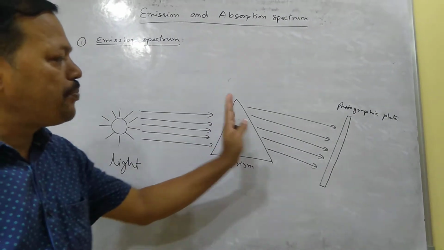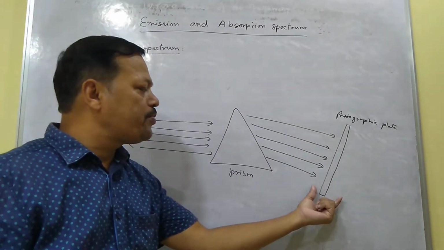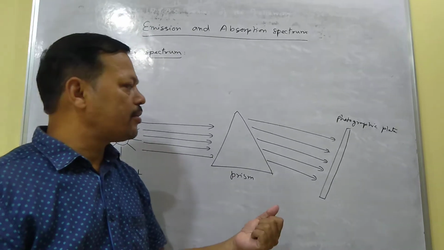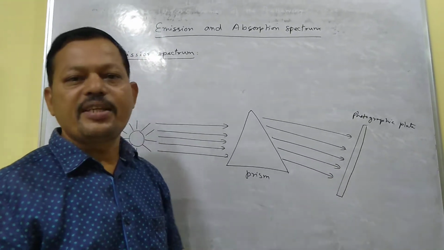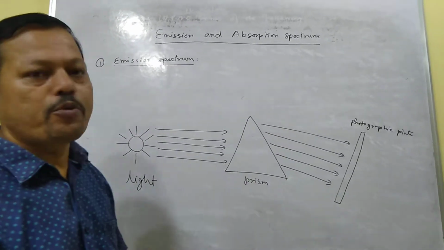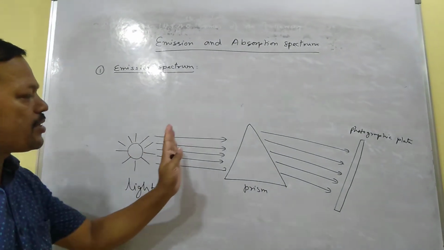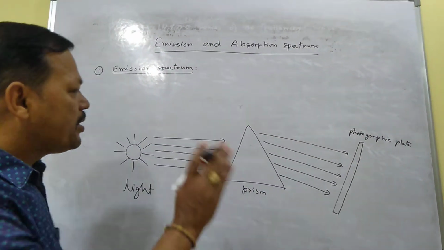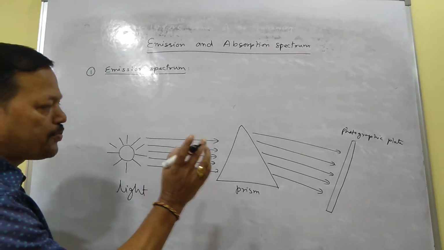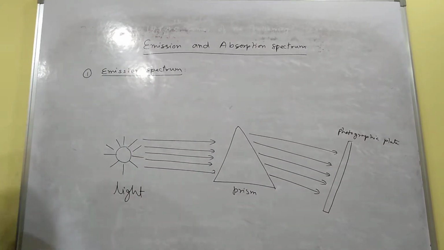After passing through the prism, you have to observe it in the photographic plate. Then you can see the spectrum. And this type of spectrum, when the light is passed through a prism and then received on the photographic plate, is called emission spectrum.